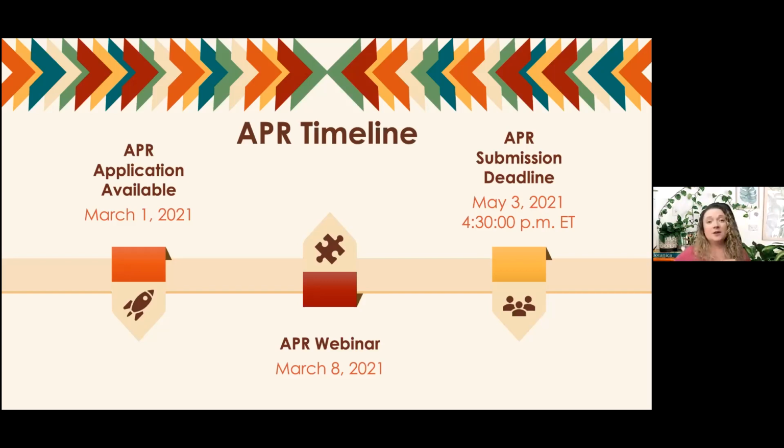Undoubtedly, in my experience, G5 slows way down on the due date because there are so many people trying to access the system. So if you wait until 4:15 on May 3rd and start trying to get all your info in, there are not great odds that you're going to get everything uploaded and submitted in time, because the system is not going to be working at its normal speed.